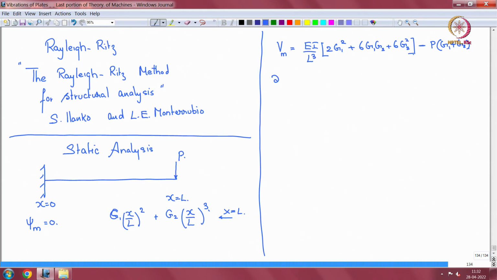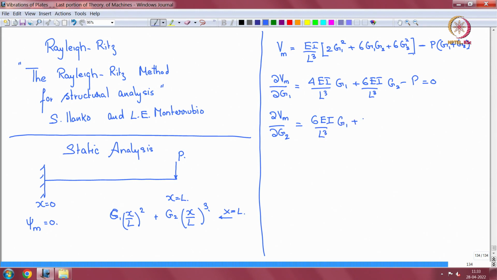So now if we take del Vm by del G1, then we get 4 E I by L cube G1 plus 6 E I by L cube G2 minus P is 0, and del Vm by del G2 is equal to 6 EI by L cube G1 plus 12 EI by L cube G2 minus P equal to 0.